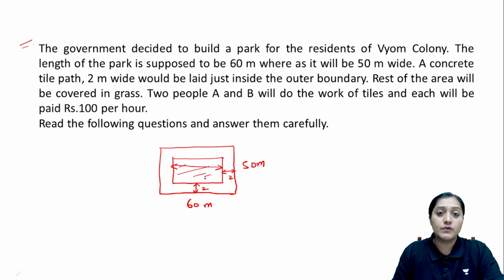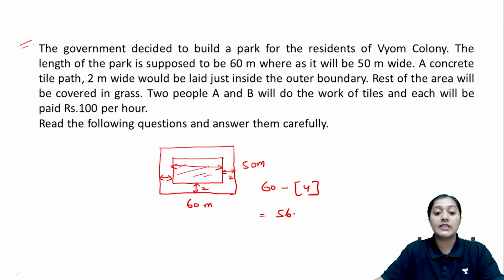Students are usually confused in this. Ma'am, 2 meter का path है तो क्या होगा 60 minus 2, 58 meter की हमारे पास, you know, उसकी length हो जाएगी. No, this is the point where the kids make mistake. Path 2 meter का right hand side में भी है और 2 meter का left hand side में भी है. तो actual length of the grass area, that would be 60 minus 4. And that would be your 56 meter.